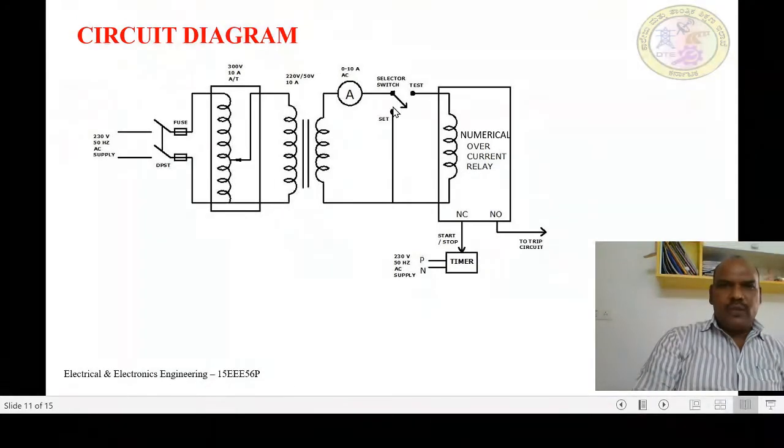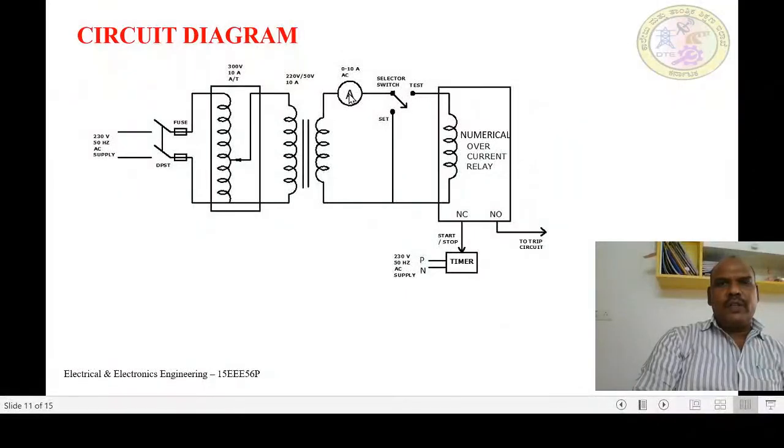After putting the selector switch on set position, this auto transformer is slowly varied and the fault current is set here. Suppose this is a 1 amp relay, and you want to set 125%, then 1.25 amps has to be set here. Or if you are applying 150%, then 1.5 amps should be applied here.